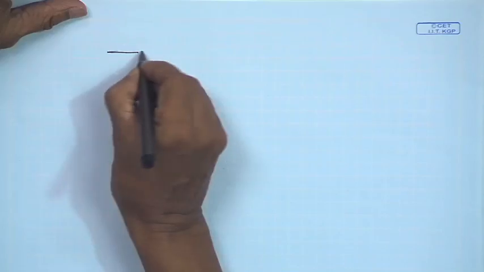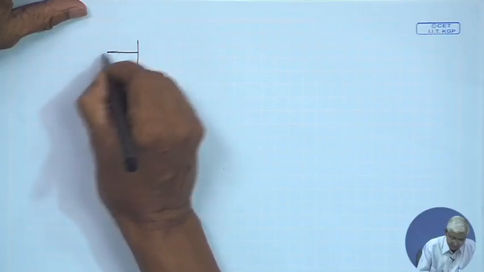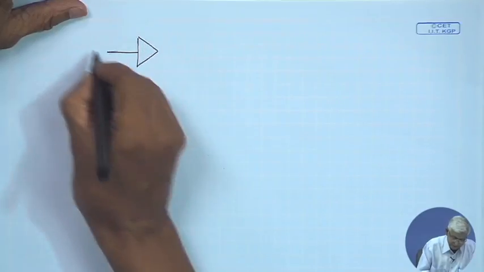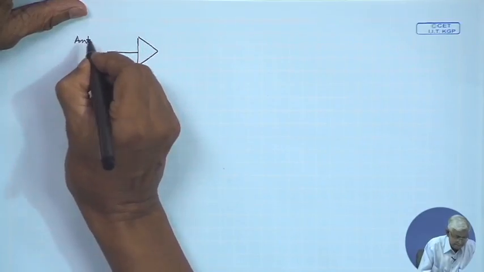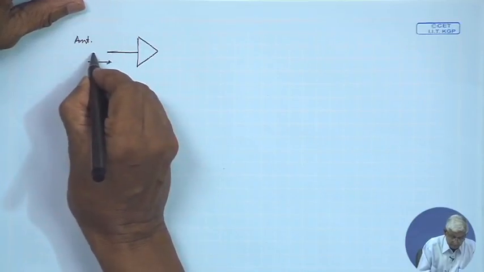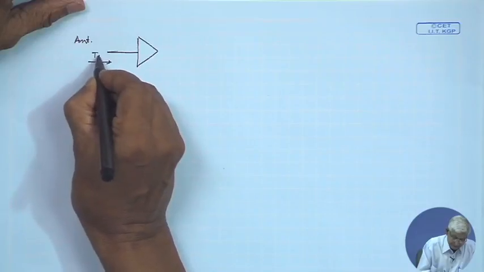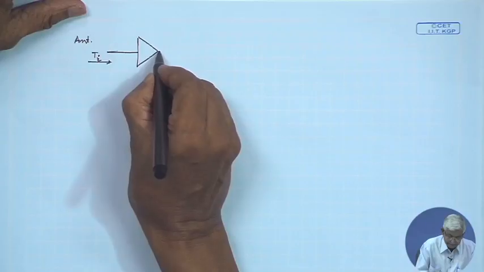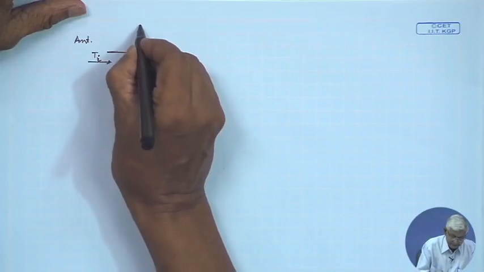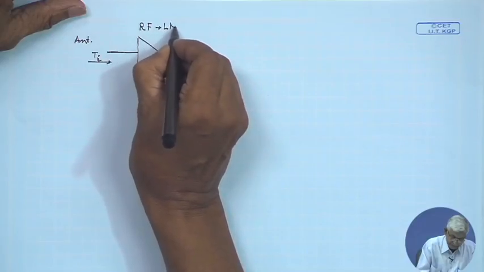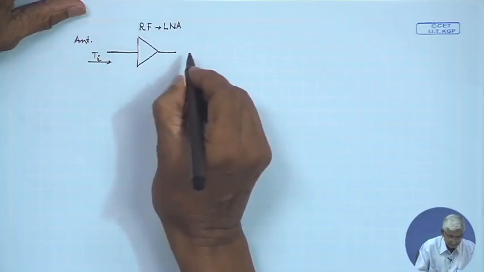Let us say there is a receiver chain from the antenna. Let us exclude the filter for the timing. This is the antenna, giving some temperature, let us say Ta coming from the antenna. This is the RF stage, which is nothing but the LNA.